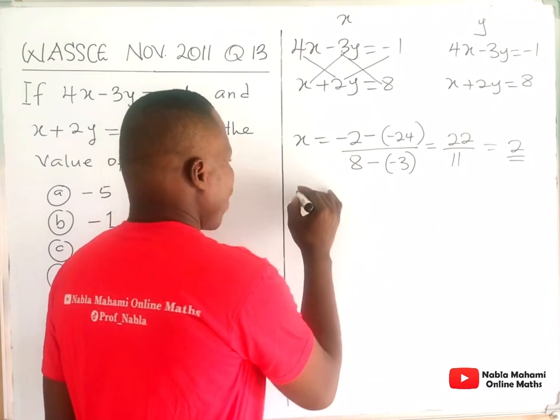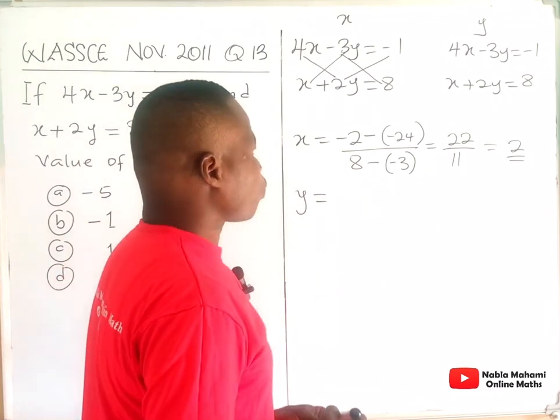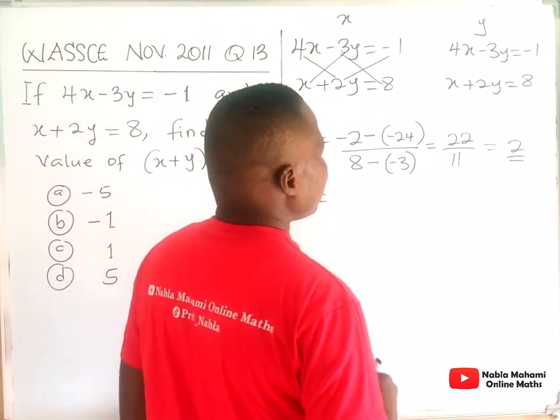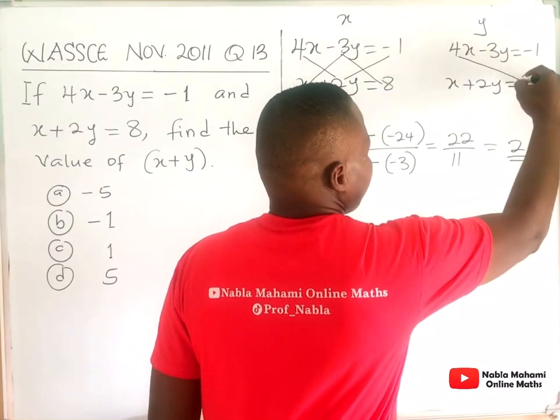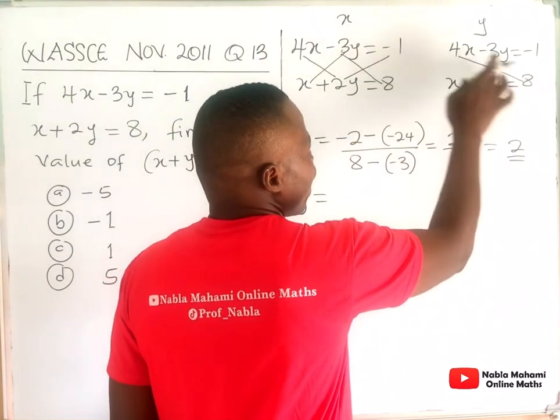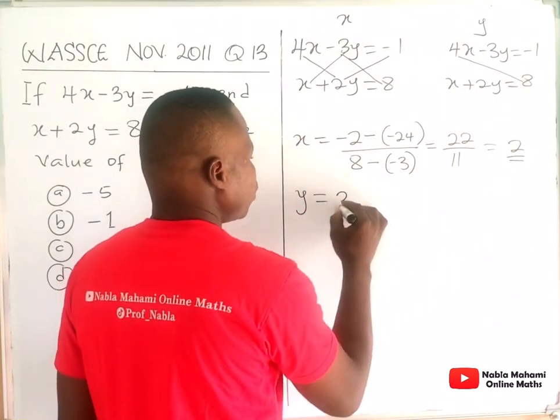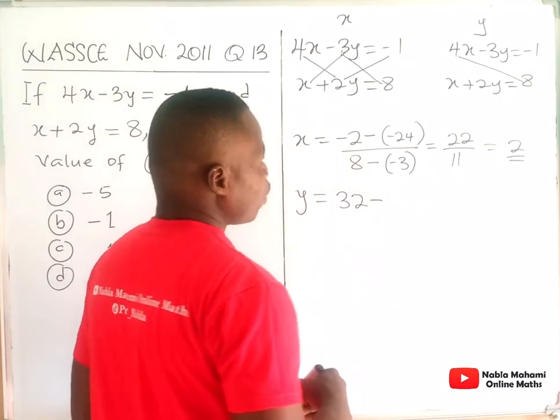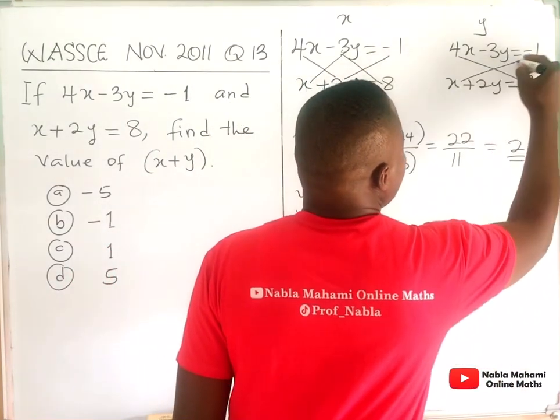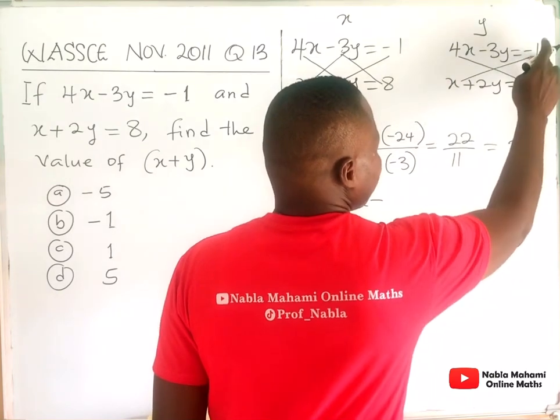Then let's solve for y. Y will be equals to, look at the direction of the lines. The first line goes this way, meaning we take 4 times 8, which is 32, minus. The second line goes this way. 1 is here, and we're multiplying by negative 1.